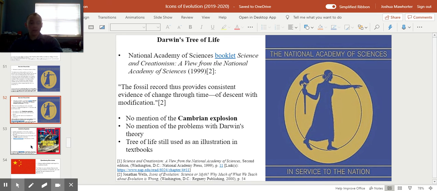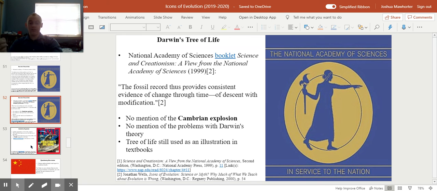Major paradigm shifting discovery, in fact, that the evidence shows this sudden appearance of these kinds of species all at once, fully formed. And whatever mechanism we want to put on that, that's what the evidence shows.